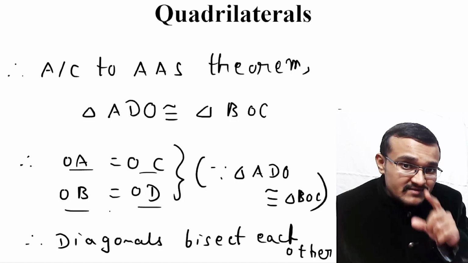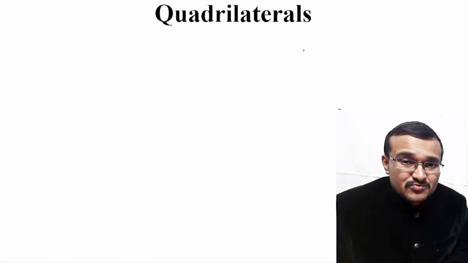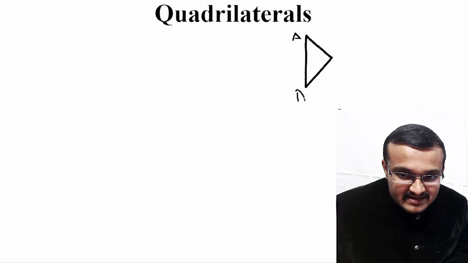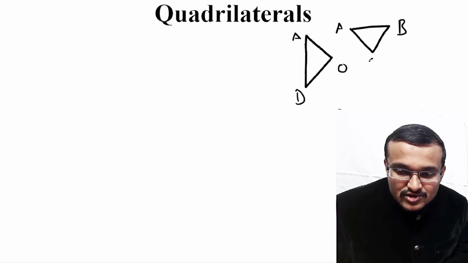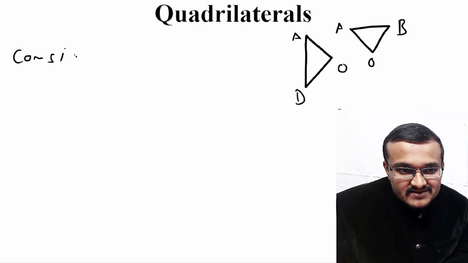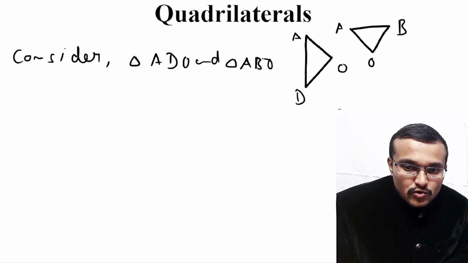Now we have to prove they are perpendicular bisectors. In order to prove this, we will consider triangle ADO and triangle ABO.